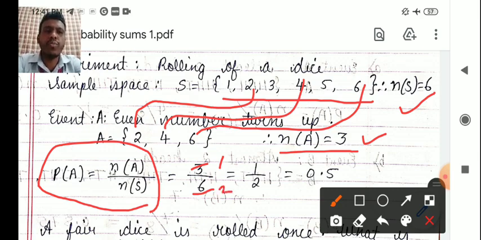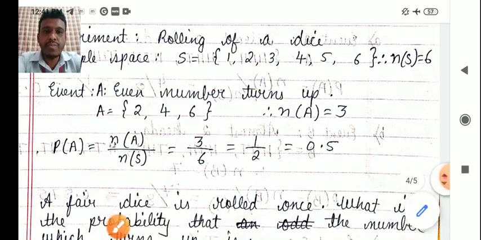So it becomes 1 upon 2, which is equal to 0.5. You can either keep it as a fraction, 1 upon 2, or as a decimal, 0.5. Your answer should always be between 0 and 1. It should be a positive answer only, then only it is right. I hope you understood this problem. Let's move to the next problem.